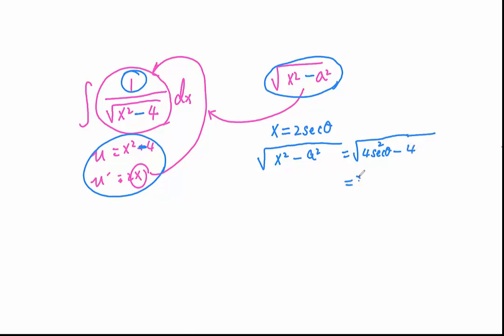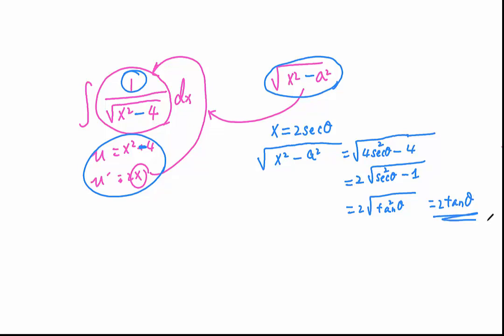Factor out the 4, that's going to be 4 times secant squared minus 1. Since 1 plus tangent squared equals secant squared, secant squared minus 1 will be tangent squared. So that's going to be 4 tangent squared, so that's going to be 2 tangent theta, by our default domain. Right, so everything is fine.